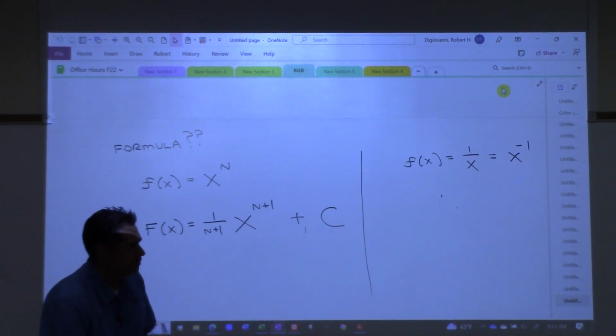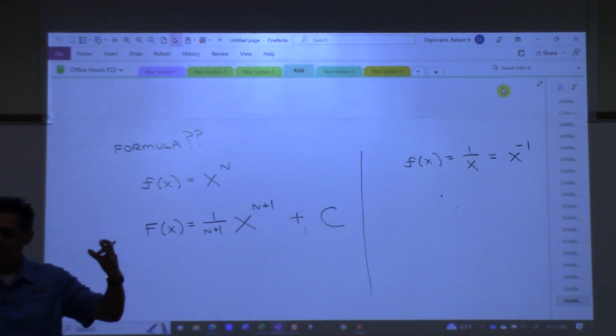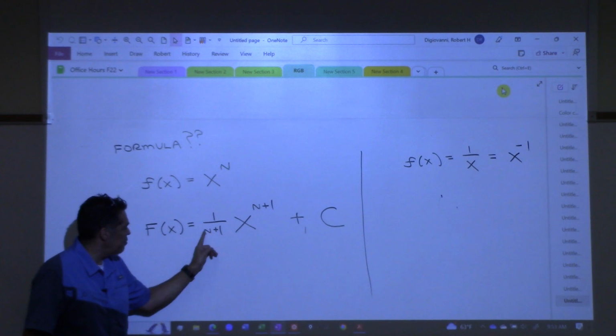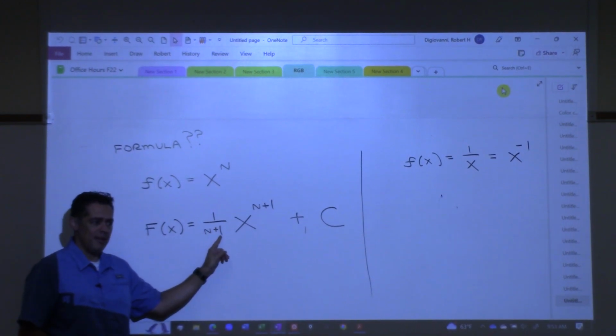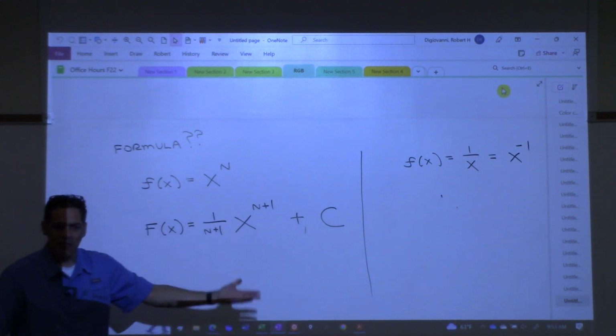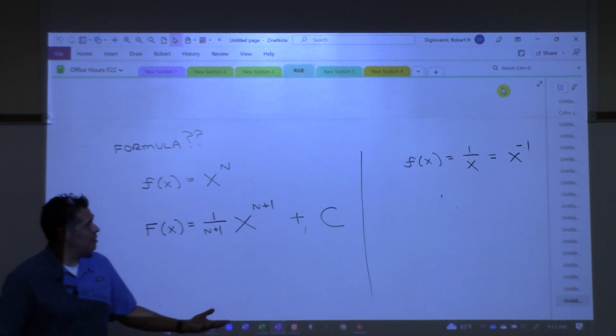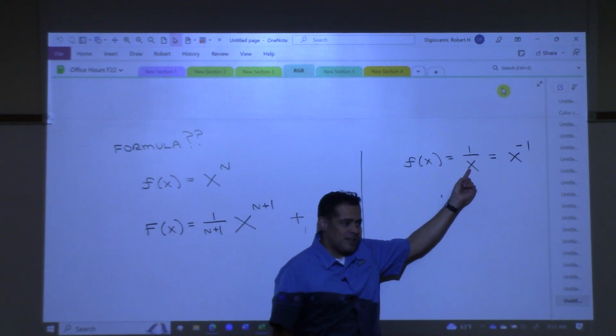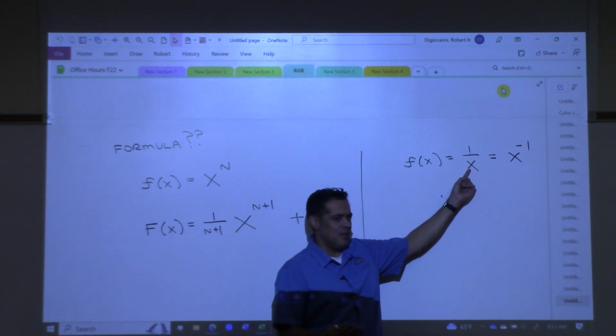That's bad, right? But I have good news. That's the only one it doesn't work for. Because the only way this would ever be 0 down here is if n was negative 1, right? So that's the only case where the formula breaks down. But don't you know what the antiderivative of this is? Do you recognize that as being the derivative of something that you learned? What? Natural log.